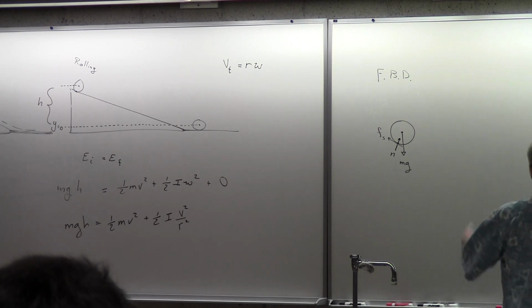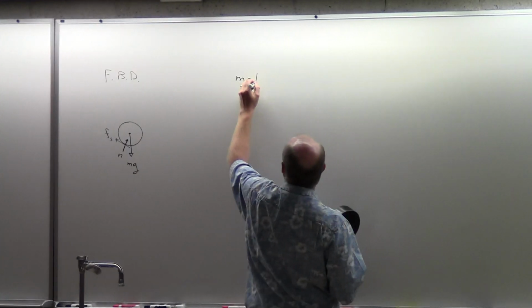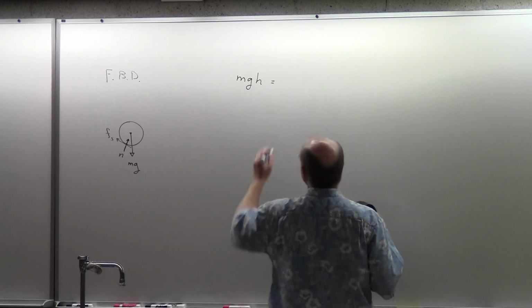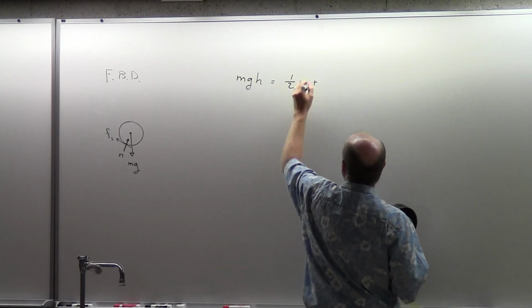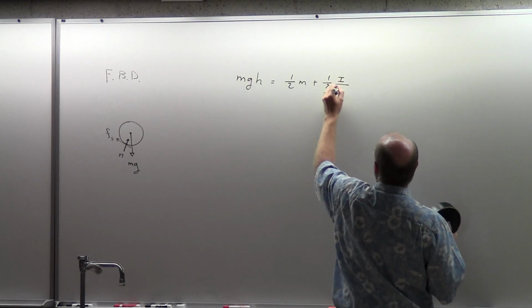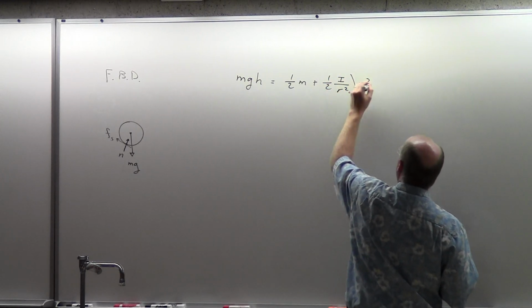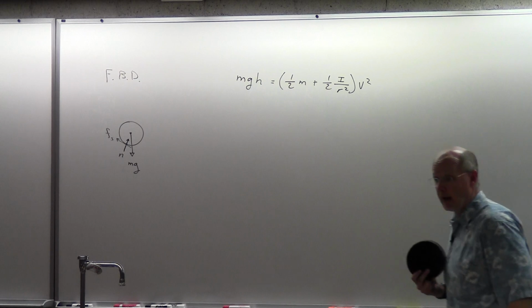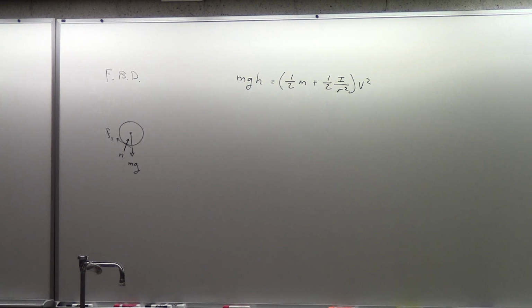Because when I do that, then I can have a V squared in each equation. And that will allow me to solve for what I'm asking you, which is what is the speed at the bottom of the hill? And obviously the speed is also related to its rotational speed.